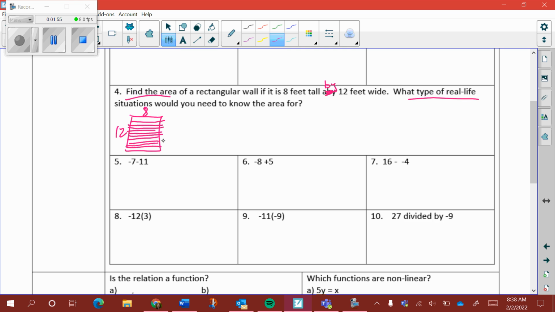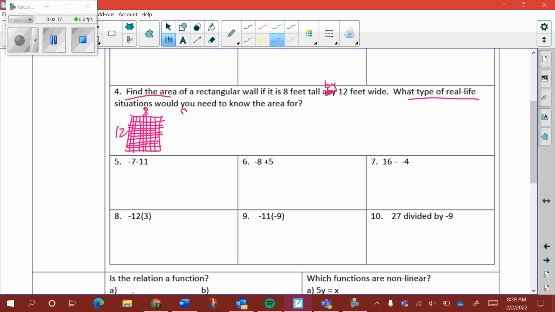So it'd be like 12 chunks this way and 8 in the other direction. And then we would just cut up all those little squares.